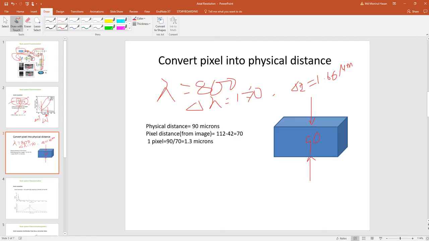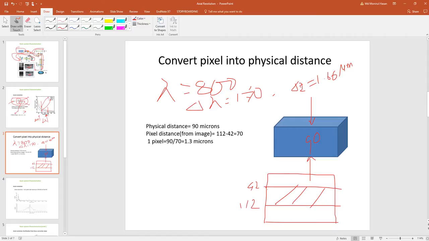In this cross-sectional image, the sample lies between, for example, pixel 42 and pixel 112, so the distance is 70 pixels, and our actual physical object is 90 microns. That means 1 pixel equals 90 divided by 70, which is about 1.3 microns.